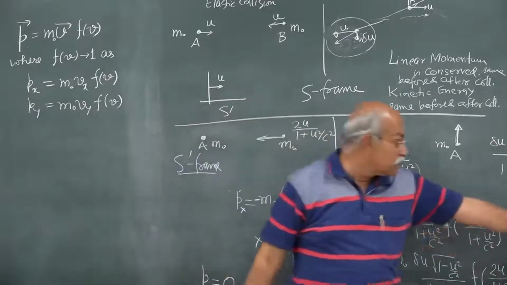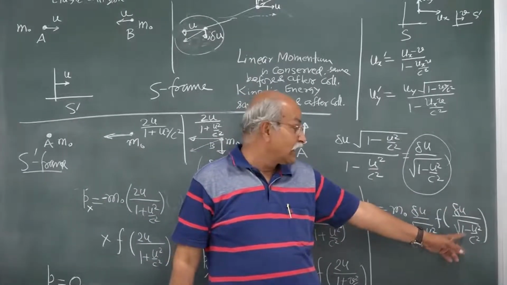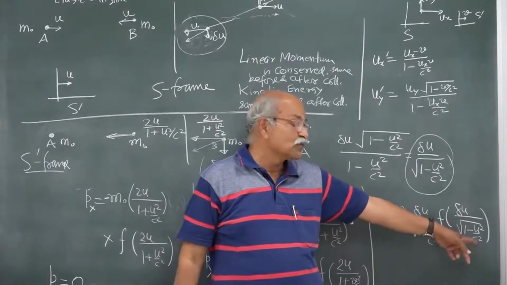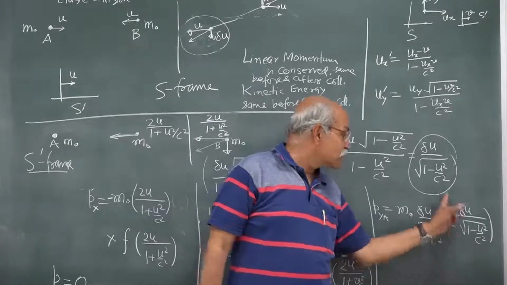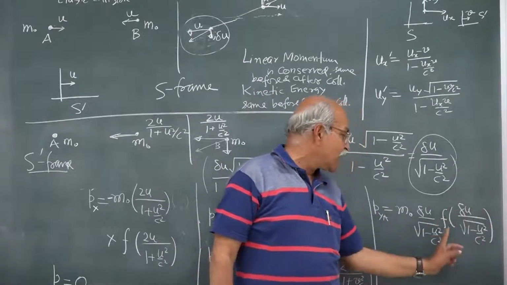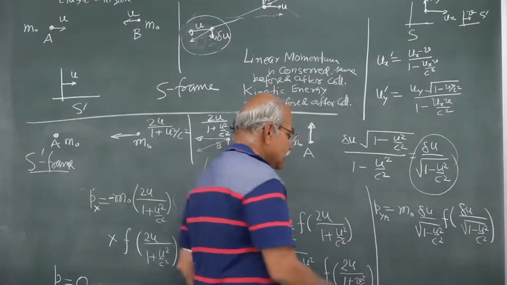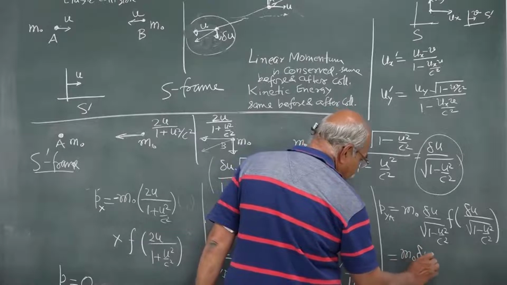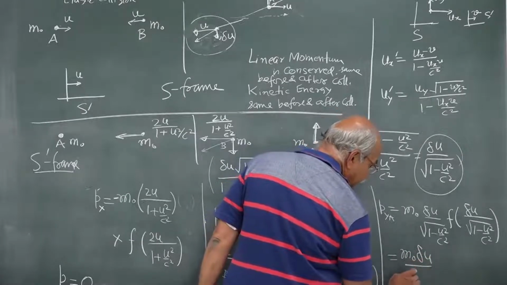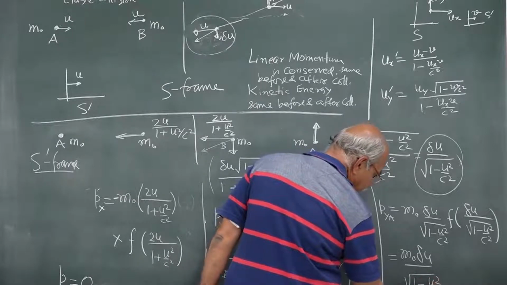And here this velocity is anyway infinitesimal, delta u divided by square root 1 minus u square by c square, and therefore this is the speed which is going towards 0, and f of this is 1. So you can write this as just m naught delta u divided by square root 1 minus u square by c square.